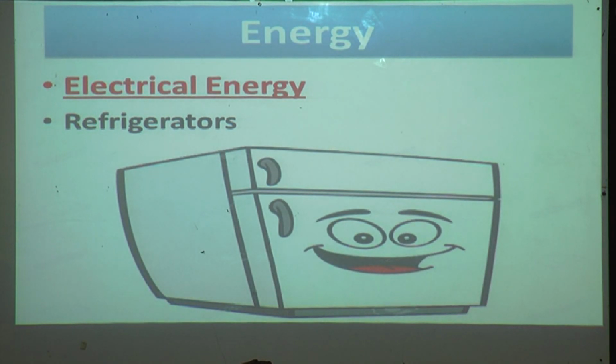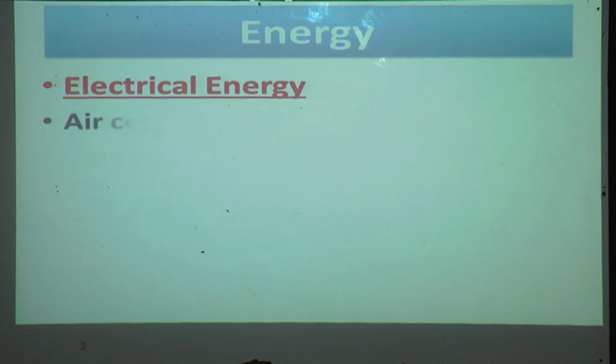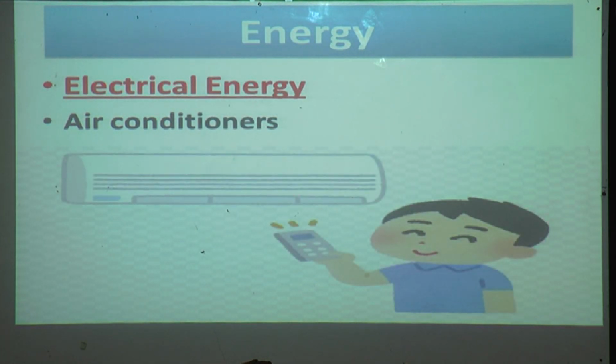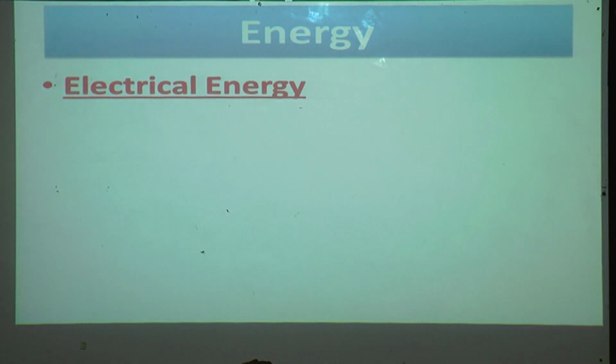Refrigerator, yes, to run the refrigerator we need electrical energy. Air conditioner, we need electrical energy for the air conditioner.